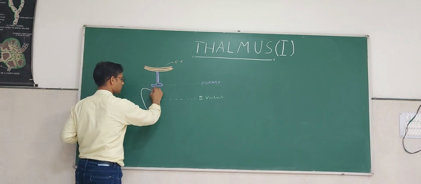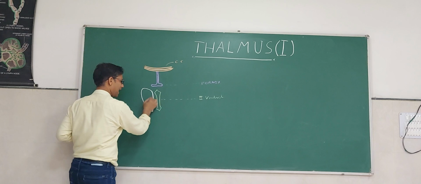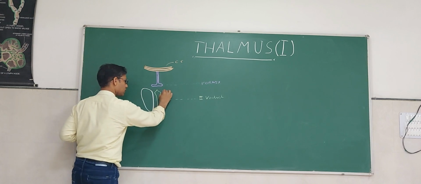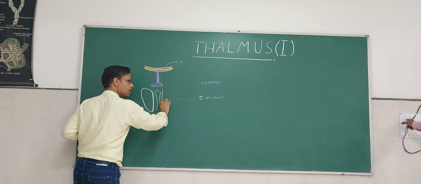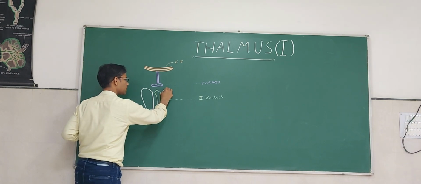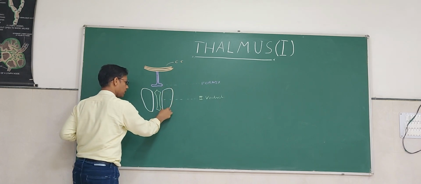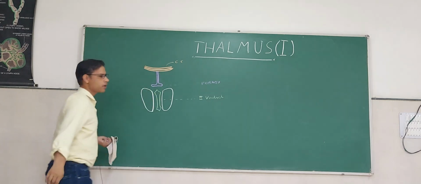This is the thalamus, which is located in the lateral wall of the third ventricle. This is the location of the thalamus.